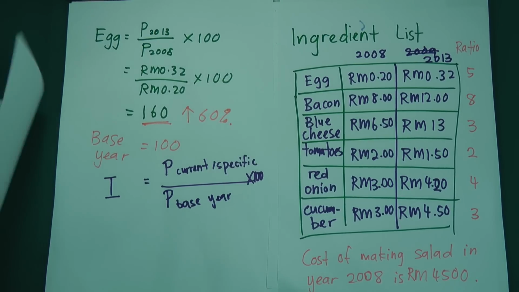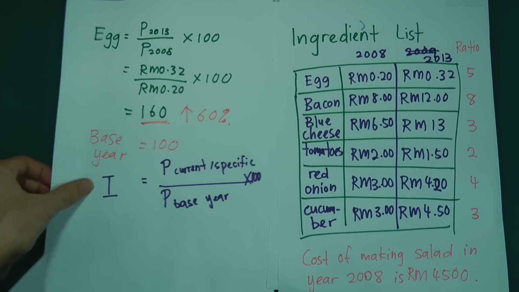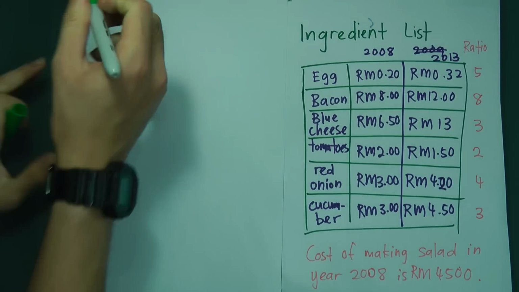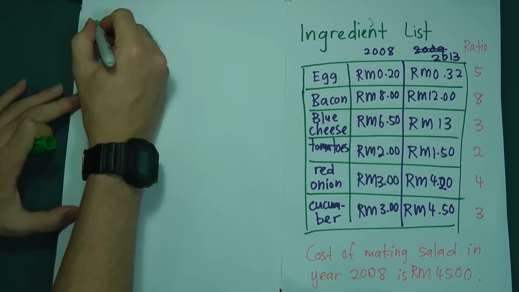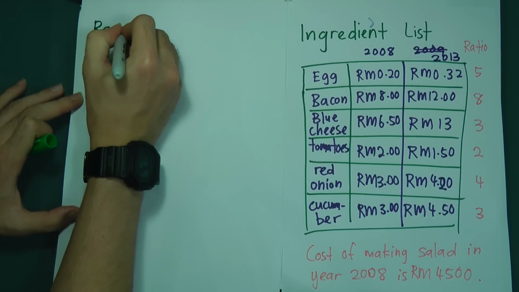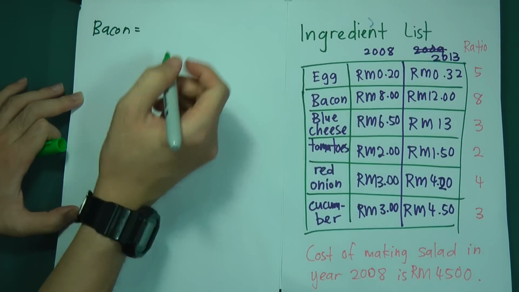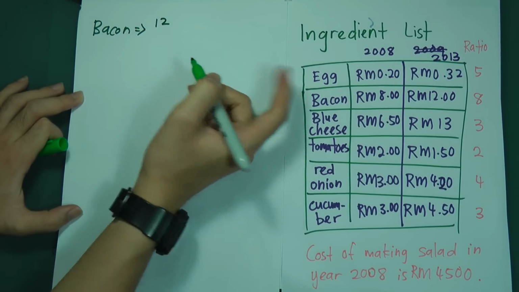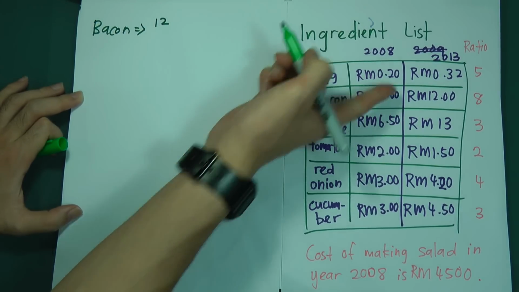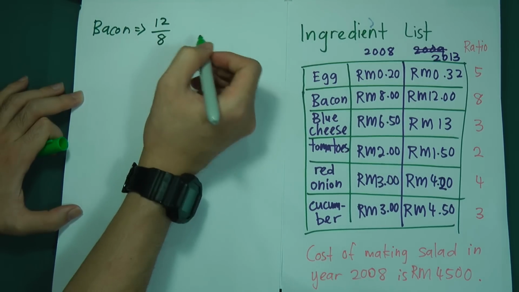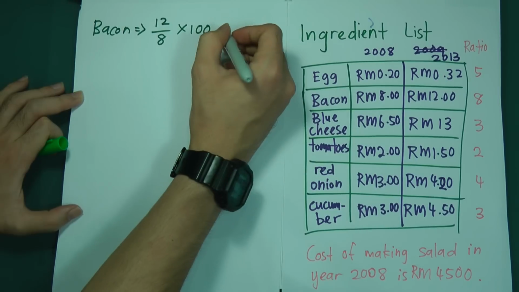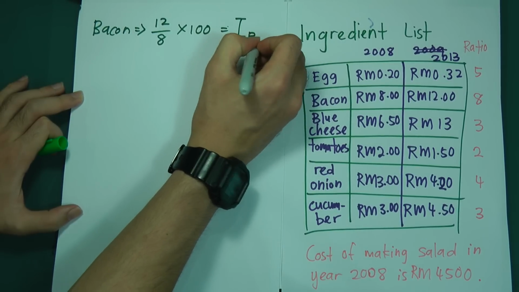We know egg actually increased 60%. How about the other ingredients? So we just calculate quickly. Bacon in year 2013 is 12 ringgit. In base year, meaning year 2008, it is 8 ringgit. Multiply by 100, then we can get the index number for bacon.